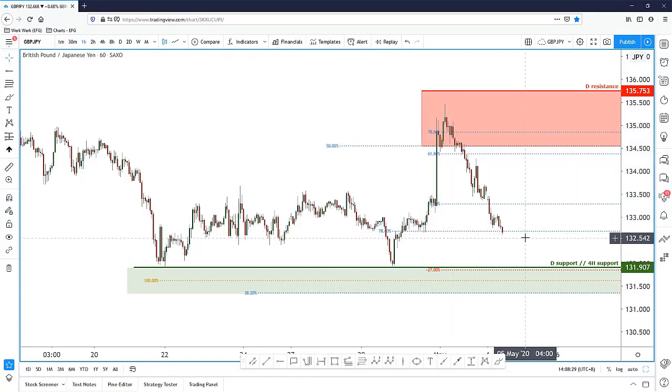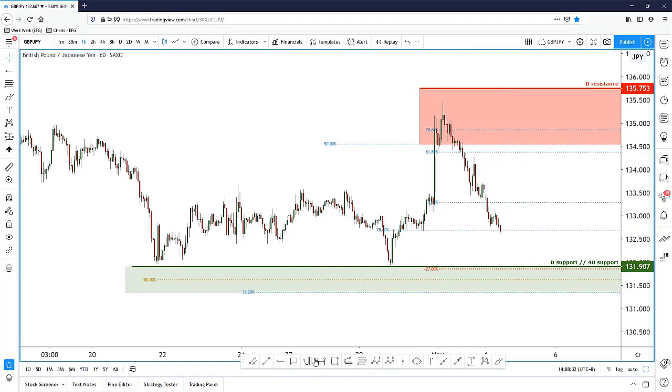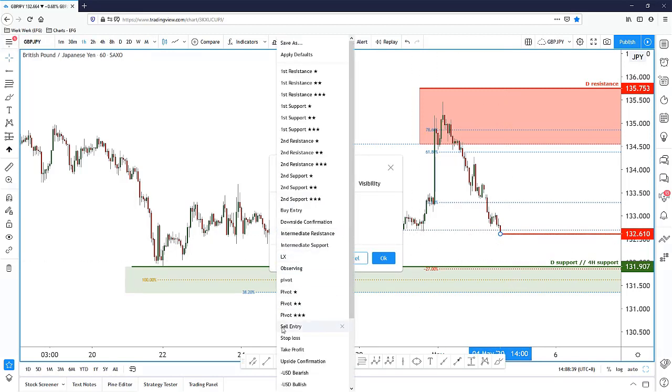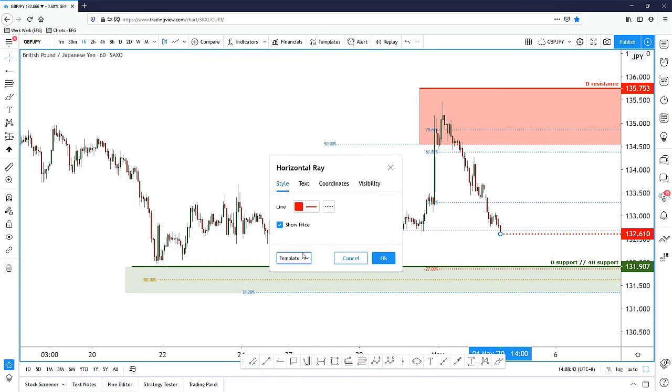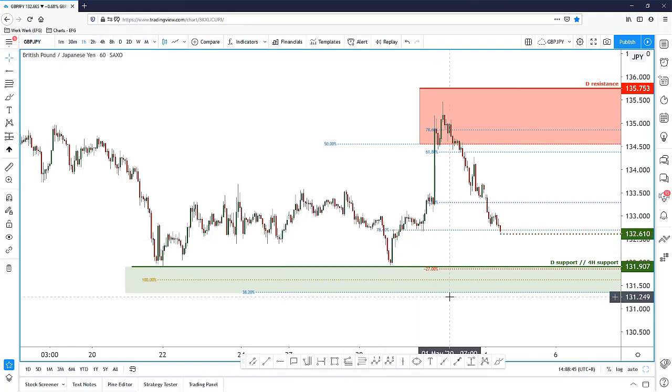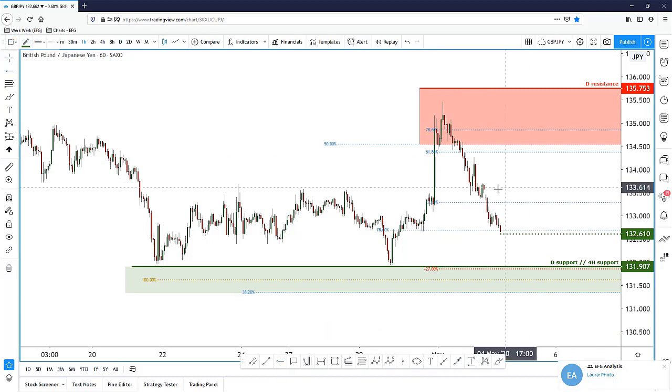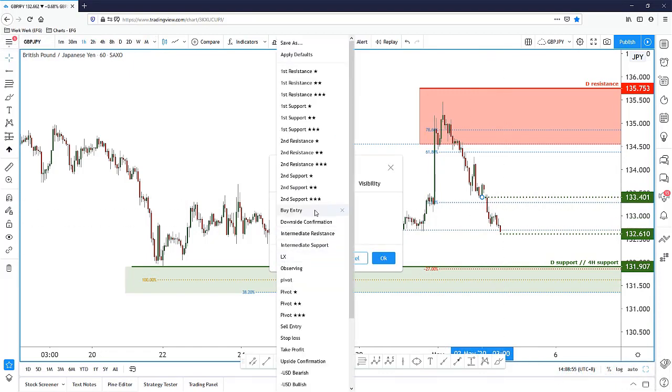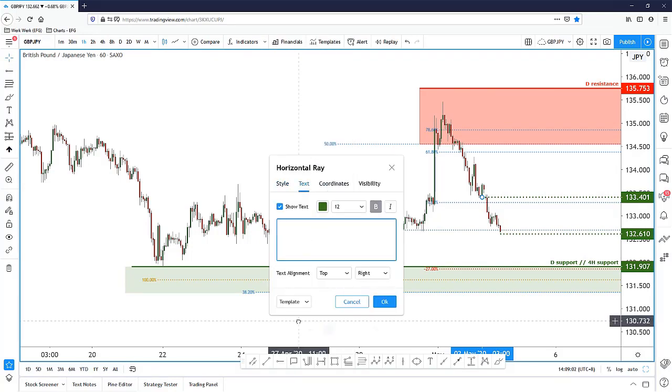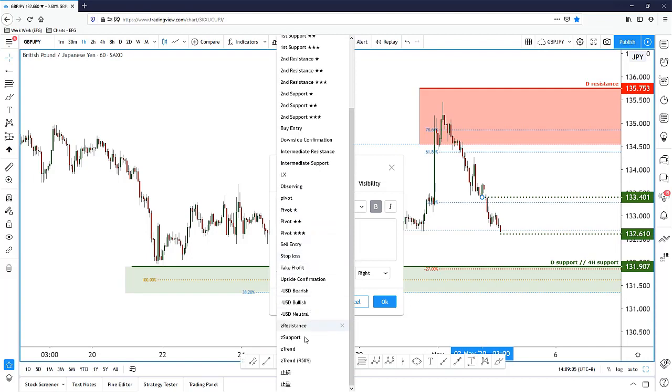Okay, so what I like to do now is, there's sort of an intermediate support here, right, at this level here. Let me just put it in dotted line. Okay, so what this means is that I currently see price possibly doing, and I'll call this the first resistance, the 4-hour resistance, the 1-hour resistance.